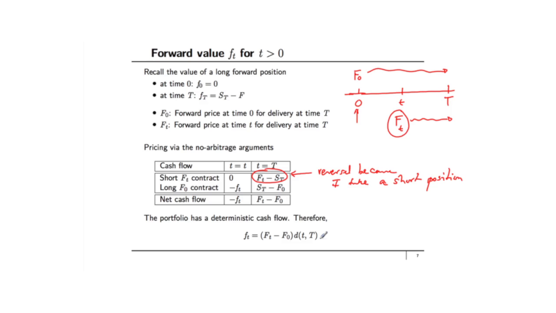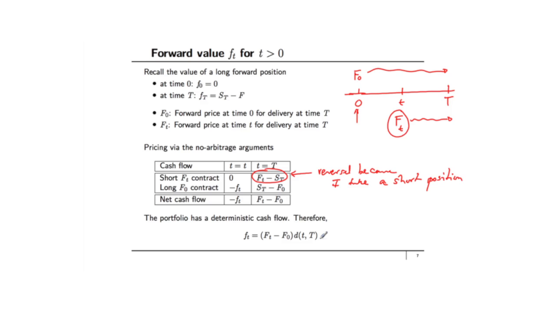For this contract, I know that the value is equal to 0. So I can get into this contract, or I could sell this contract at price equal to 0. The payoff from this contract is going to be something different. It's going to depend on the forward price constructed at time little t.